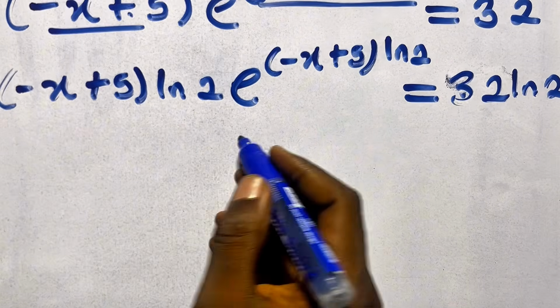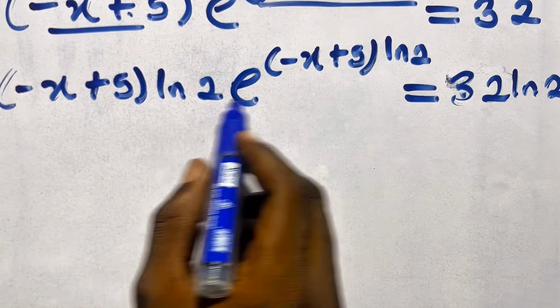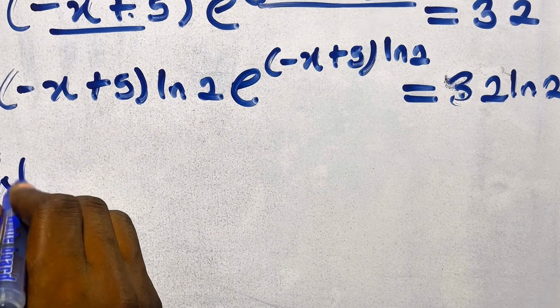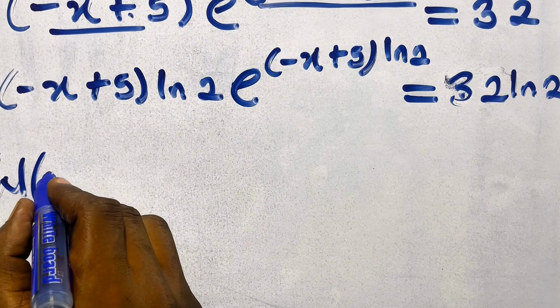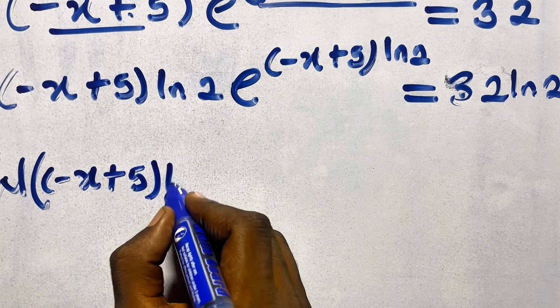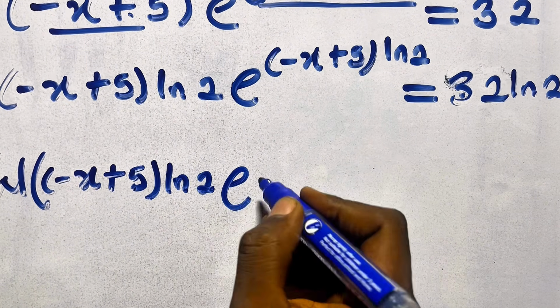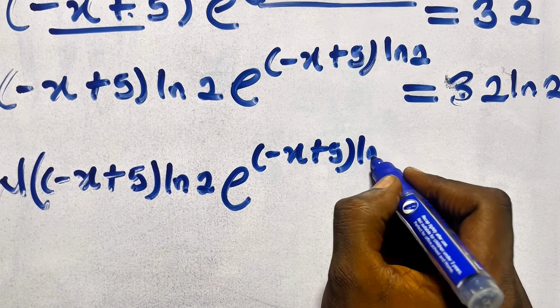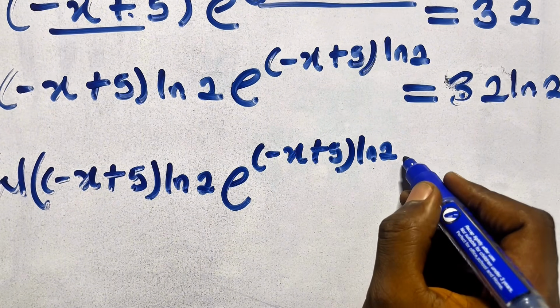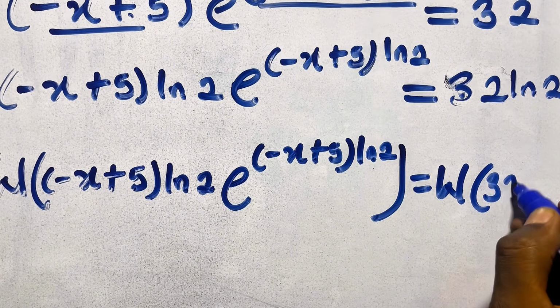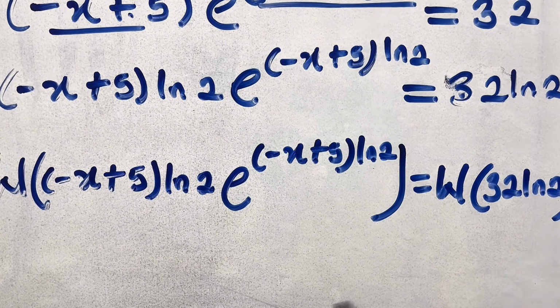Now we can introduce the Lambert function. Since we have the base and the power the same, we have the Lambert function of minus x plus 5 ln 2, times exponential minus x plus 5 ln 2, equals the Lambert function of 32 ln 2.